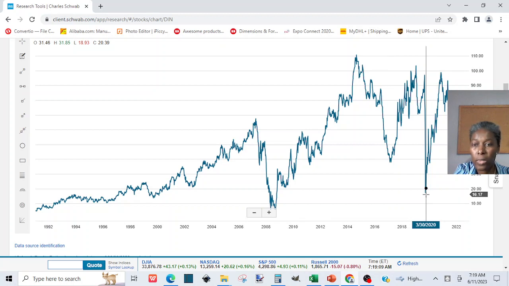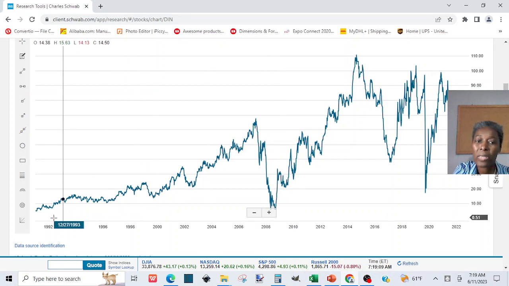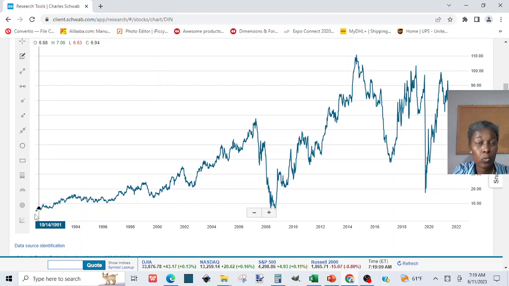That's something to consider. In a downturn, the company plunged down quite a bit. But you can see the price they were selling at and the price they are selling at now, there's still growth to it. But there is a risk that in an economic downturn, they could sell as low as where they started in 1991. That's something to consider.